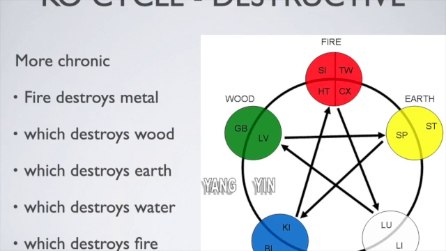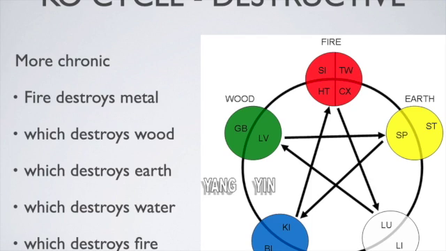Then you would go back to the wood, back to the liver, and go backwards on the co-cycle, which would be taking you to the metal-related meridians, or metal element meridians, large intestine and lung, and you would test, say, for example, a lung-related muscle, say a deltoid, and that muscle tests weak.